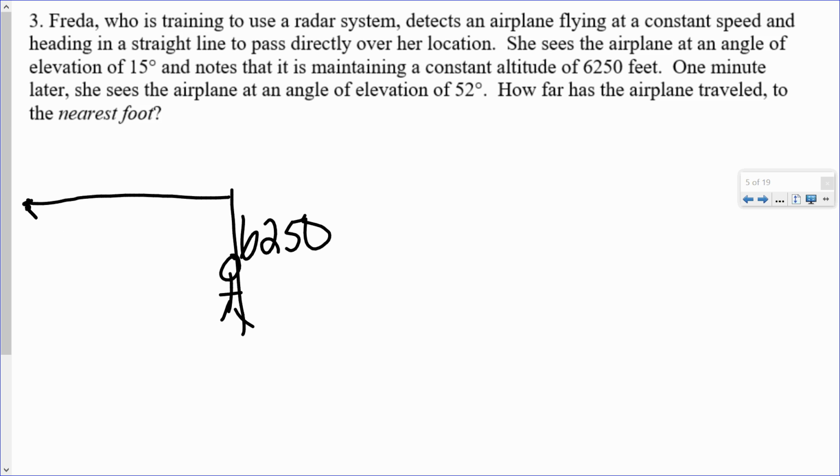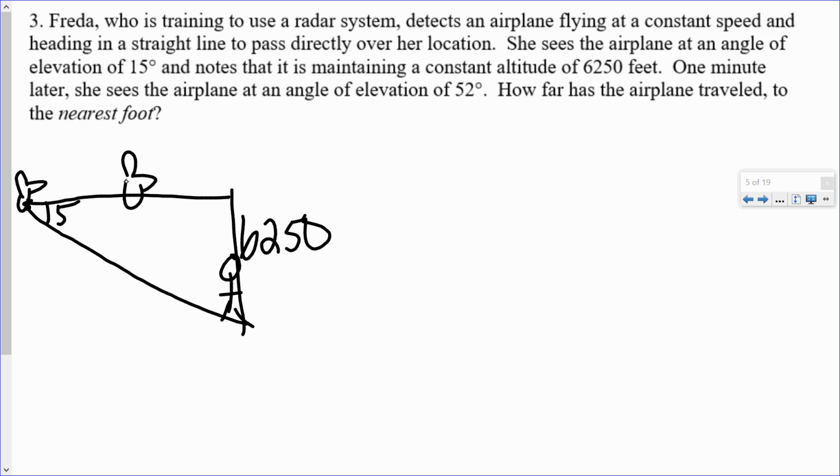And the angle of elevation is 15. So that's where the plane is here. It's a really bad plane, but whatevs. 1 minute later, she sees the airplane at an angle of elevation of 52. So now the plane has traveled.